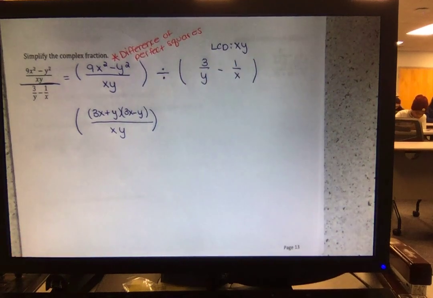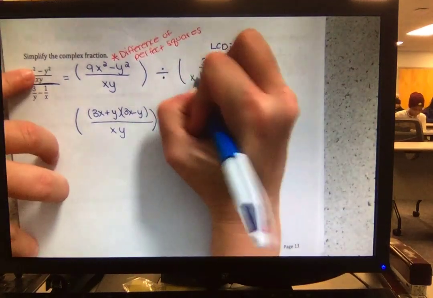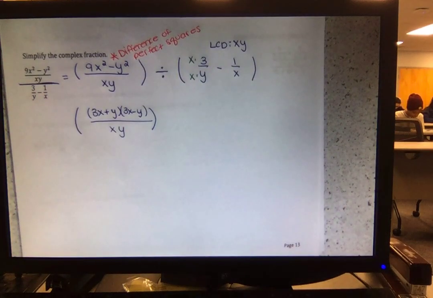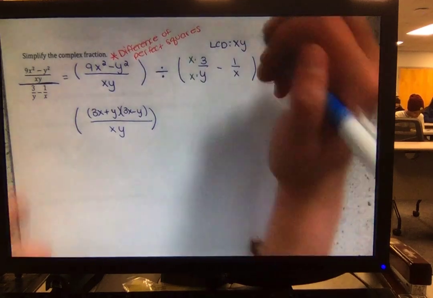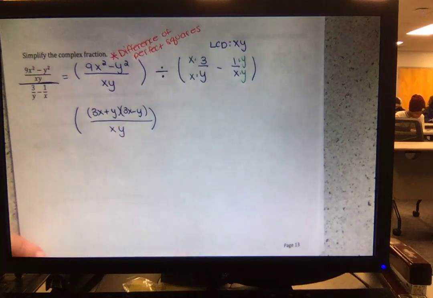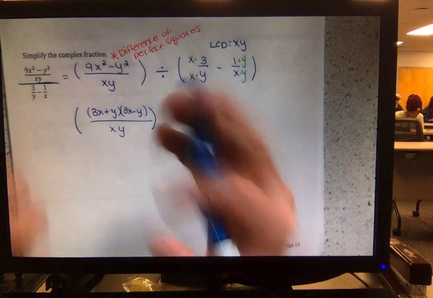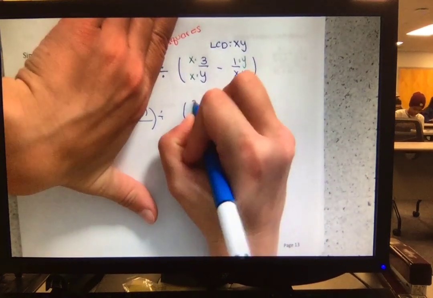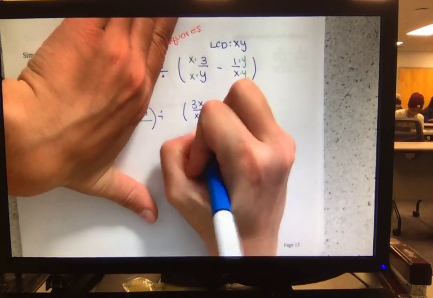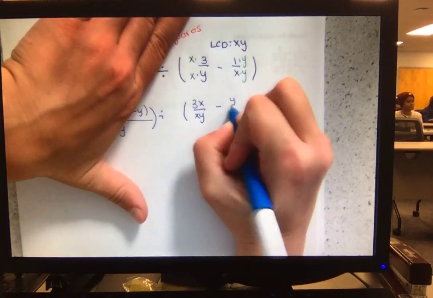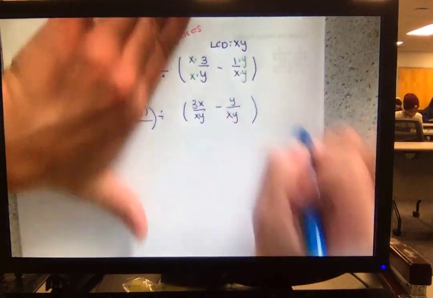This first denominator has y, but it needs x, so I'll multiply the top and the bottom of the first fraction by x. The second denominator has x, but it needs y, so I'll multiply the top and the bottom by y. That will leave us, forgetting about the other side for a second, with 3x over xy minus 1 times y, which is y, over xy.